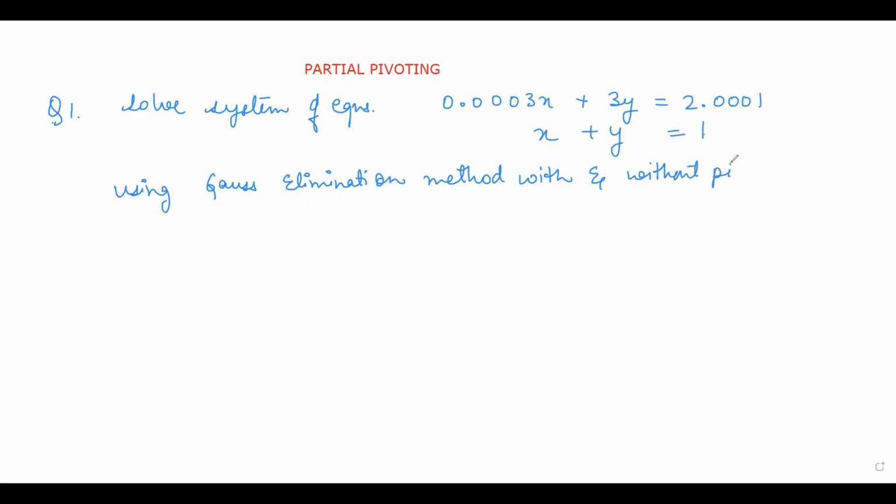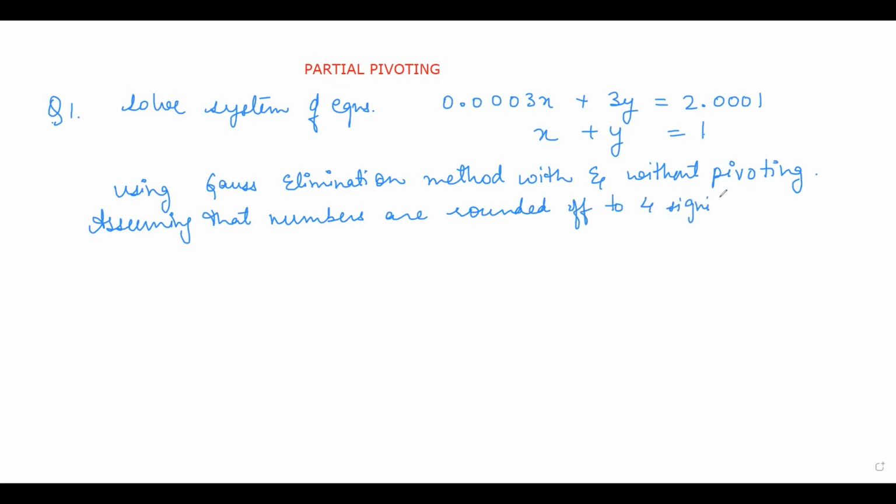So we'll be doing both in this particular question. We'll be assuming that the numbers are rounded off to 4 significant digits.